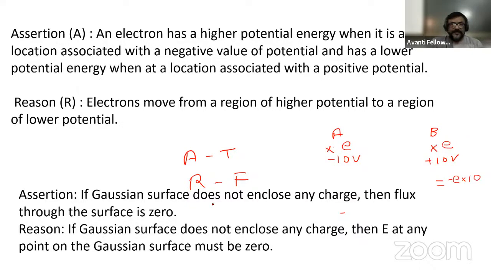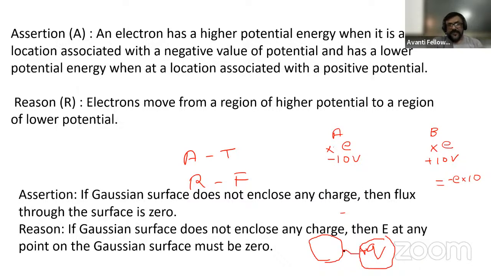This is true. Now, the reason: if a Gaussian surface does not enclose any charge, then E at any point on the Gaussian surface must be zero. Is it true? If you have a positive charge Q outside it, there is no charge inside the Gaussian surface, but we have a positive charge Q outside it, at a distance R from the Gaussian surface.